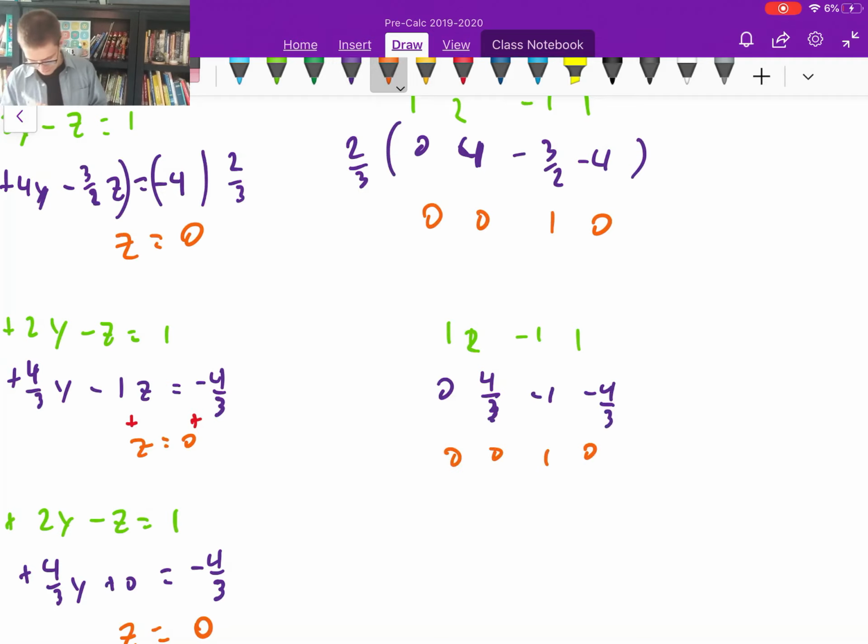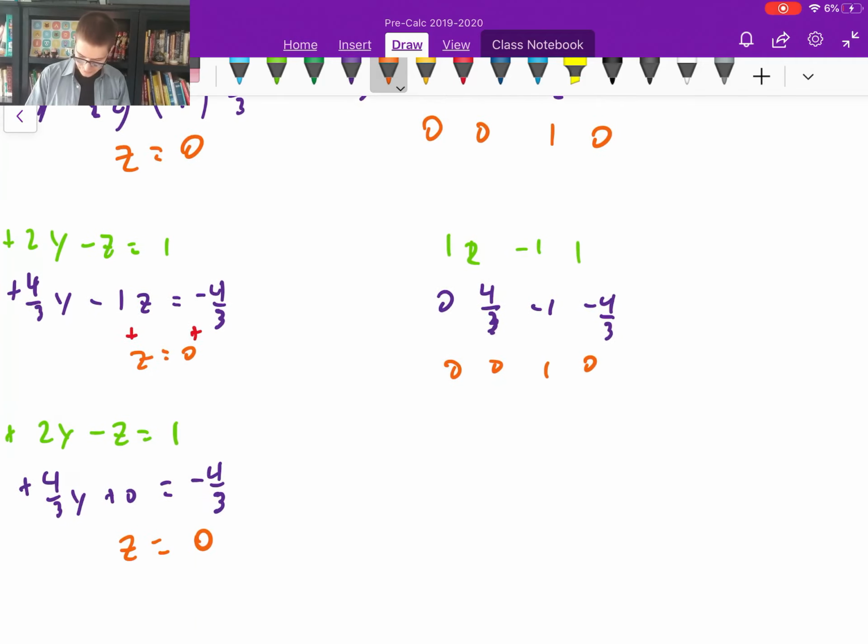Okay, and then we add them together, so we get 1, 2, negative 1, 1, then 0, 4/3, and then 0, and then negative 4/3, and then the same 0, 0, 1, 0 at the bottom.